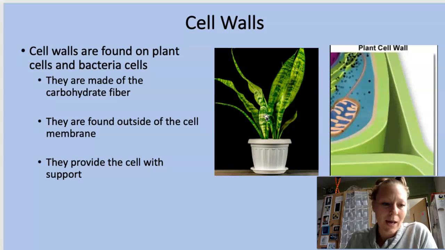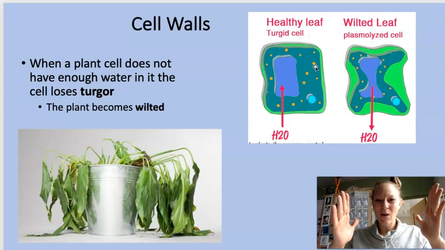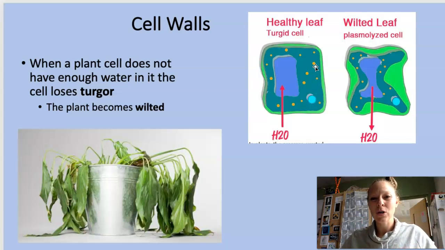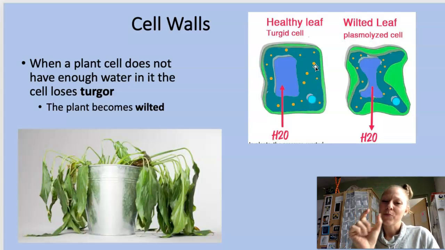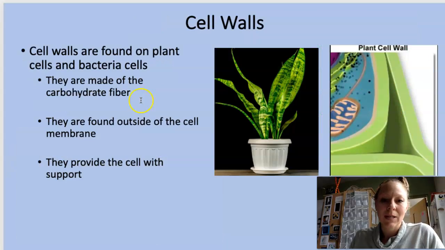And so how does it do that? This is pretty cool. This is why you need to water your plants. If you see this healthy leaf cell or plant cell, there's lots of water on the inside. And that pushes that cell membrane up against that cell wall really tight and pushes out those cell walls. It makes it really firm or rigid, so that it gives a plant structure like this.